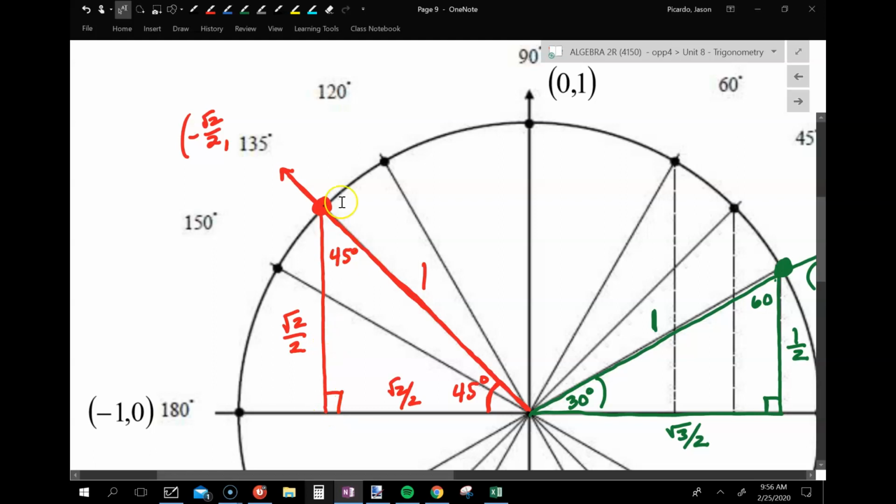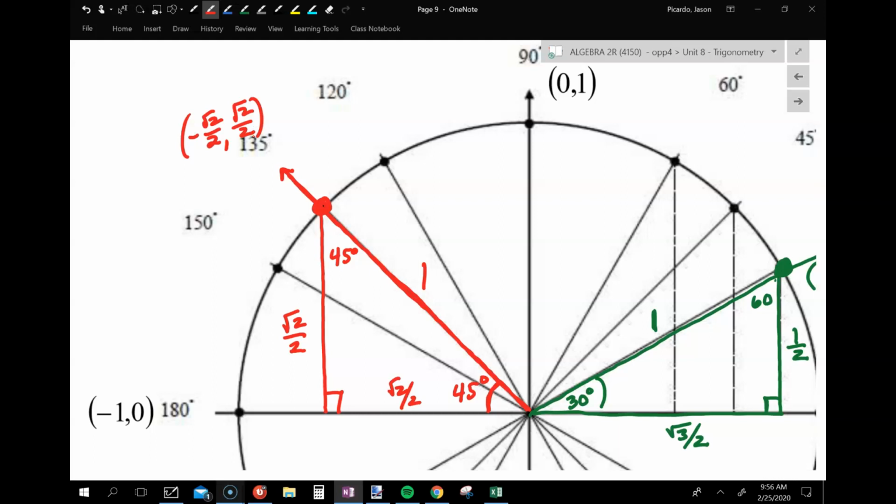Then I have to go up. How far do I have to go up? Radical 2 over 2. Going up means that it had to be what? Positive. And that point is labeled as negative radical 2 over 2 and positive radical 2 over 2. Again, the purpose for why I'm doing this should not be clear. It's just a skill that we need to be able to do right now, okay? Let's do one more.